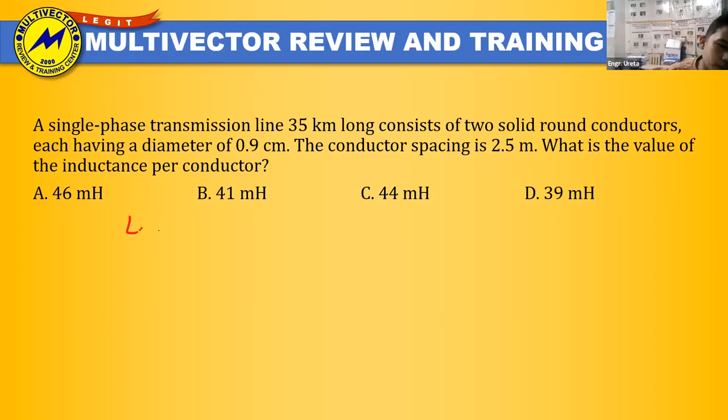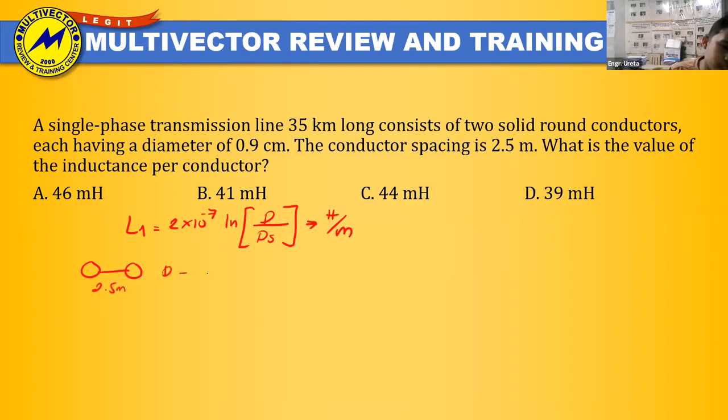Okay, the inductance per conductor is just equals to 2 times 10 raised to negative 7, ln of our D all over Ds. Okay, so ang unit natin dito, sir, is Henry per meter. So our D, since single phase to, sir, distance between conductor is 2.5.